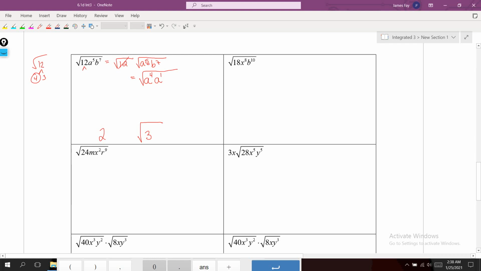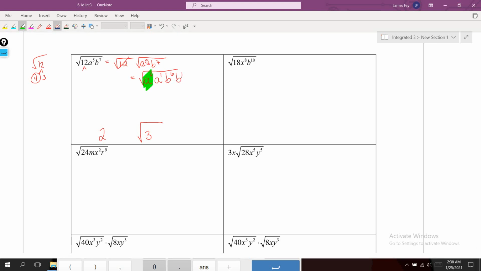It's going to be 4. It's going to take you to the even number below it. If it's 13, you're going to go to 12. If it's 71, you'll go down to 70. Okay? And then the other one will be obviously a to the first, because those two multiplied together give me a to the fifth. B to the seventh is going to go down to b to the sixth times b to the first. And now we said go find the ones that are even.